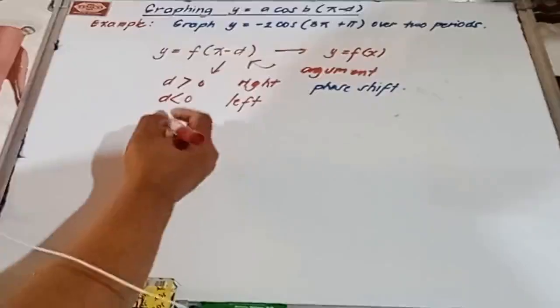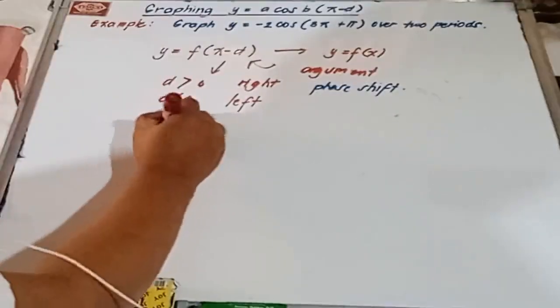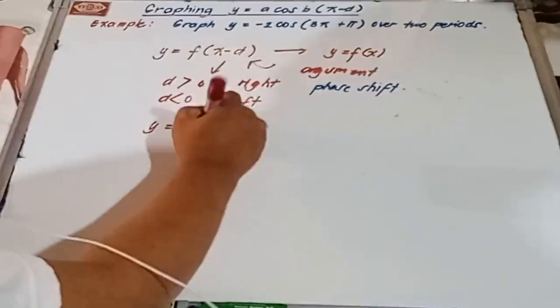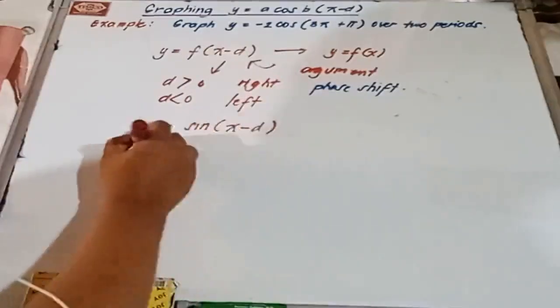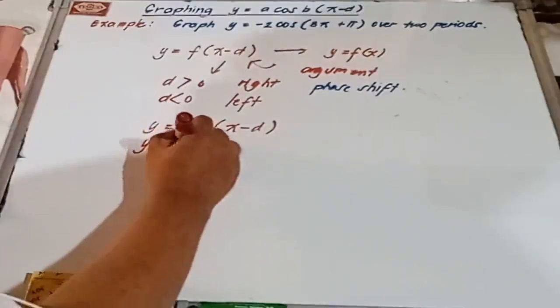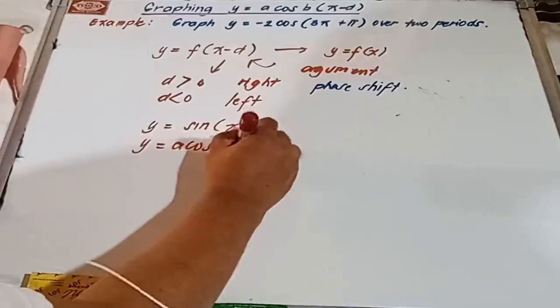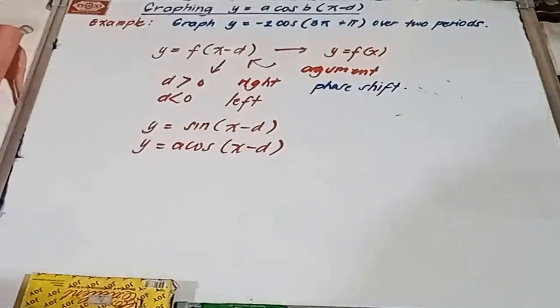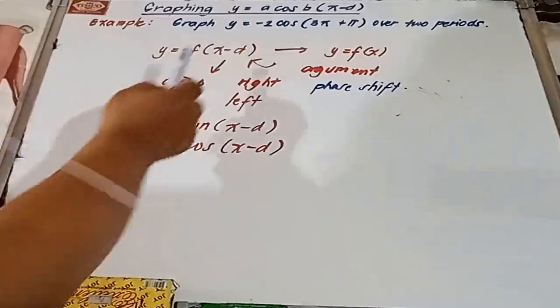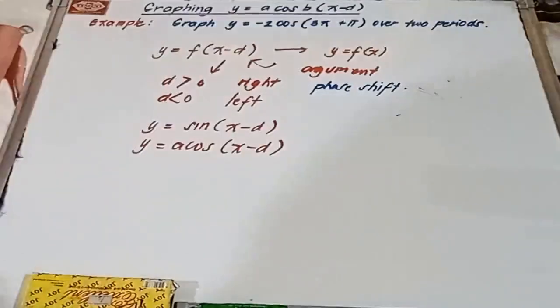Yung ating na-solve o na-sketch na graph of functions or circular function is in the form of y equals sine quantity x minus d, and the other one is y equals a cosine quantity x minus d. And today, you're going to learn how to sketch the graph of the function in the form of y equals a cosine b quantity x minus d. And this will be my first example for today's lesson.